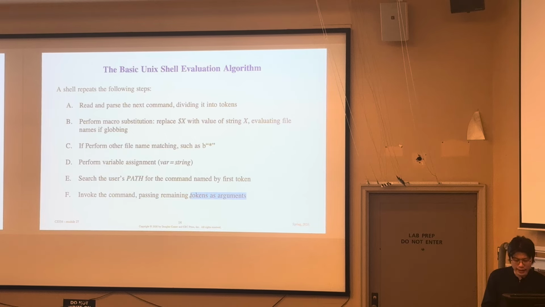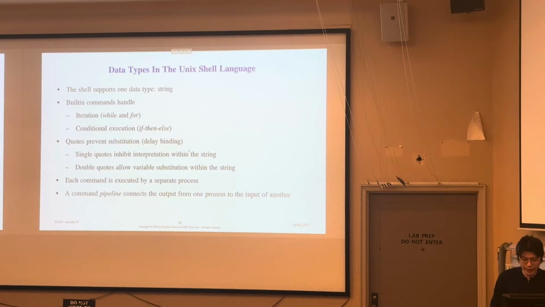So I think this is what they mean by late evaluation. In the very beginning, you do not evaluate the entire thing, and only after you really execute the command, that's when you evaluate the value of this variable x. Okay.